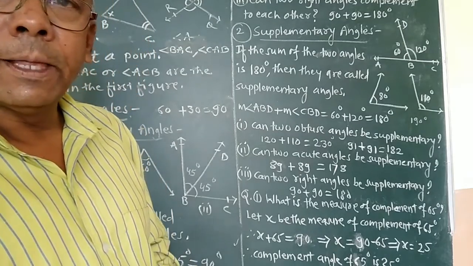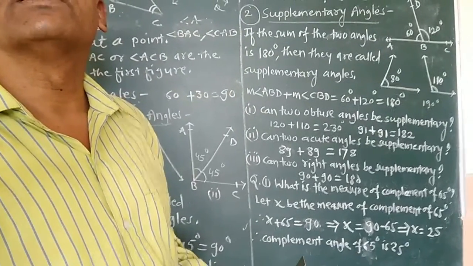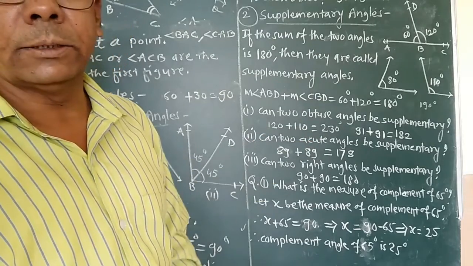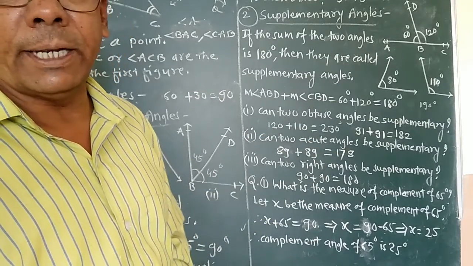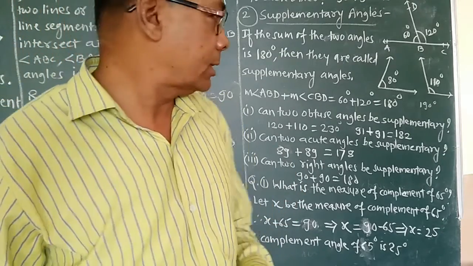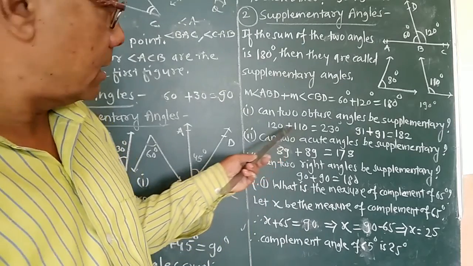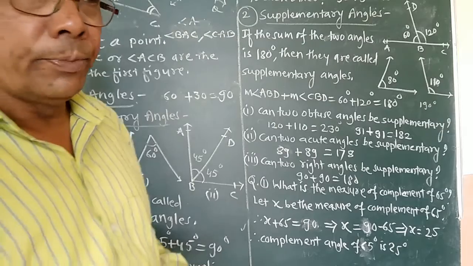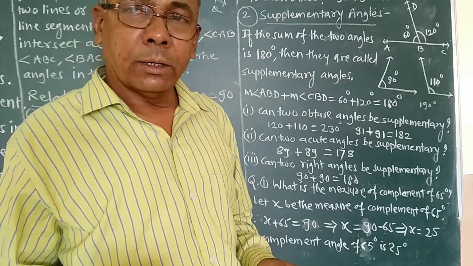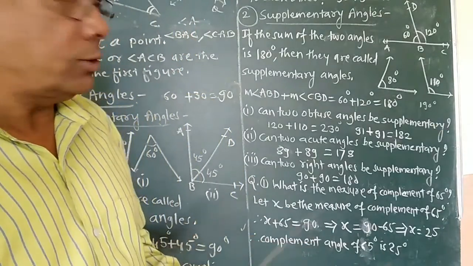So again there arises three questions. First is, can two obtuse angles be supplementary? दोन ऑब्ट्यूज अँगल एकमेकांचे सप्लिमेंटरी असू शकतात का? या ठिकाणी समजा 120 आणि 110 घेतलं, कारण 120 ऑब्ट्यूज अँगलची डेफिनेशन आहे, the angle having measure more than 90 and less than 180, then the angle is called as obtuse angle.